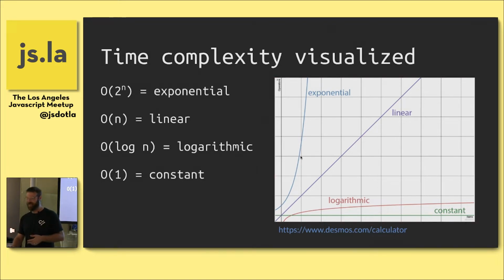Exponential, that's the O(2^n), that's going to increase very quickly. An O(2^n) would be like a Fibonacci sequence, something that is very rarely encountered. Each time you iterate through the records, the number of records that you have to iterate through again doubles, or triples, or increases by a great number. It increases exponentially. So as you add records to that algorithm, it's going to go slower and slower and slower.